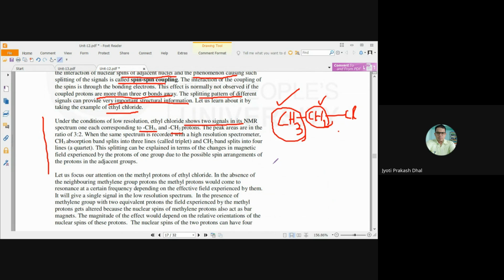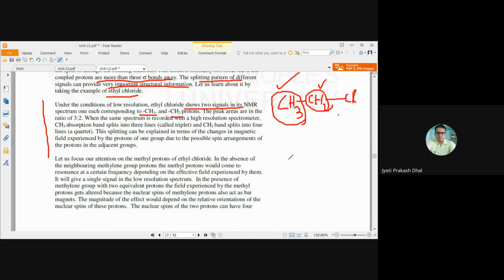So the first corresponds to the CH3 type of proton and the other corresponds to the CH2 type of proton. And the peak areas are in the ratio of 3:2, because here 3 protons are there, here 2 protons are there.